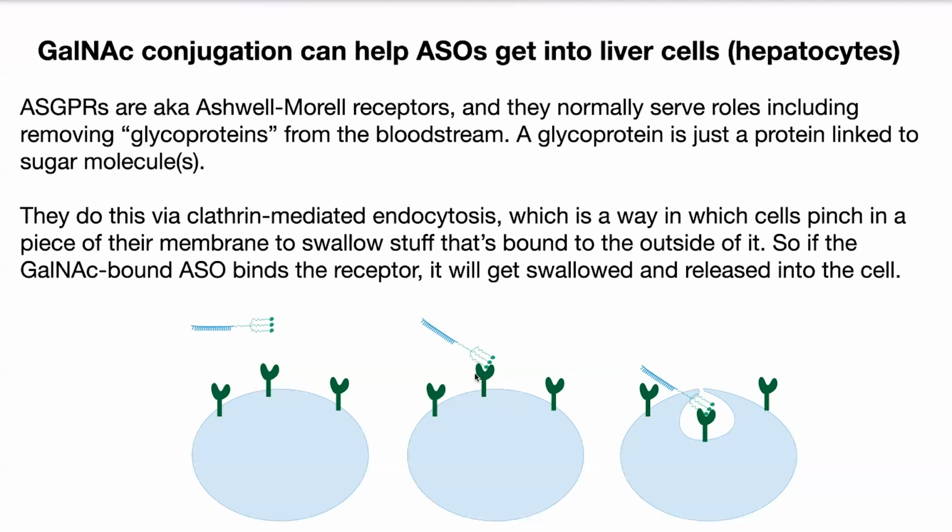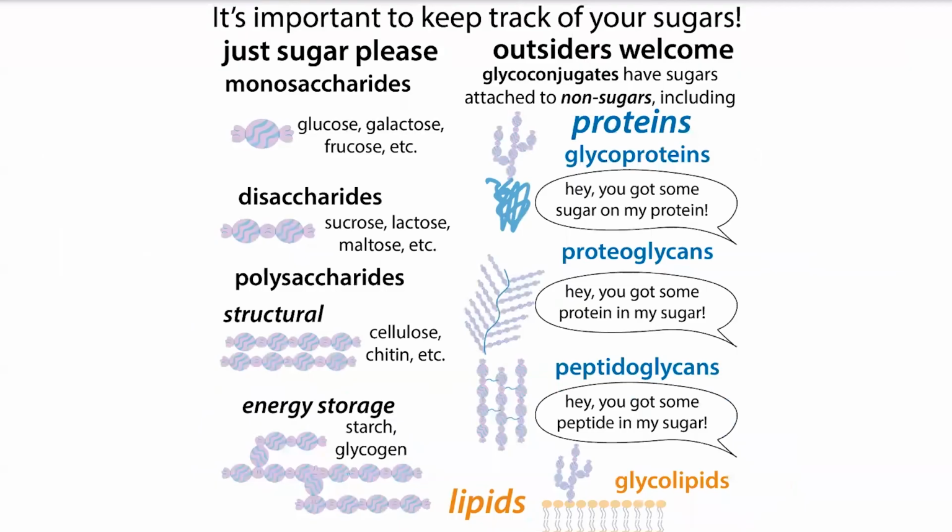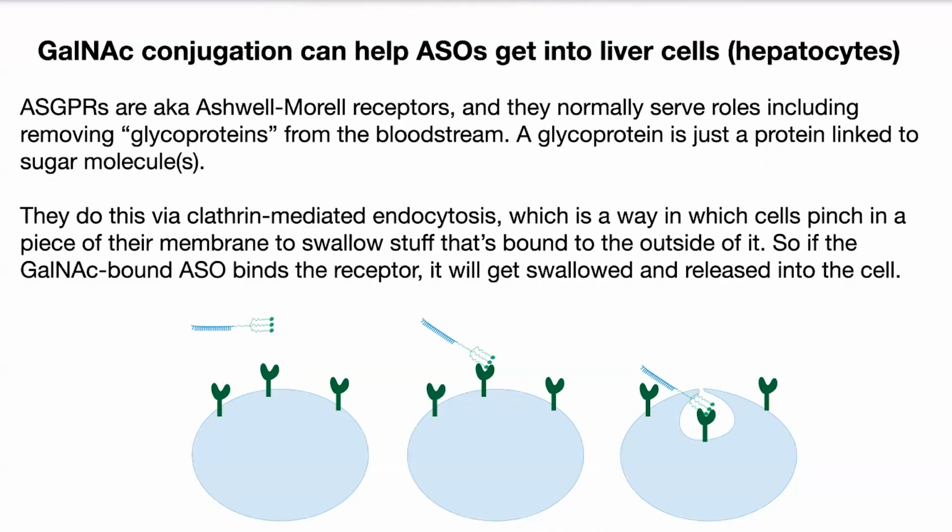On the surface of these cells, this receptor's job is normally to bind to and remove glycoproteins from the bloodstream. So basically, proteins that have glycans, sugar chains, attached to them. These receptors are there because they can clean up glycoproteins from the bloodstream.